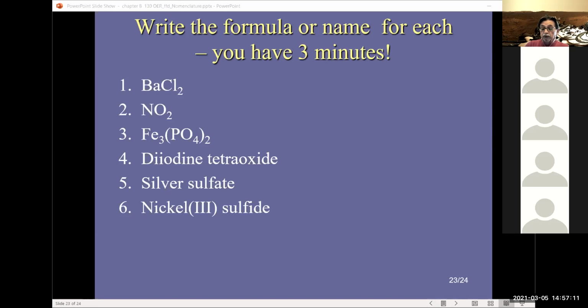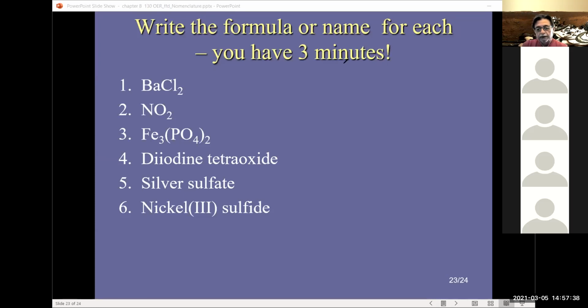But I need to know which Roman numerals I need to use. Well, that brings me to the parentheses. The parentheses tells you polyatomic ion. So you go to your table and you look for a PO4, and you'll see that the PO4 has a -3 charge.